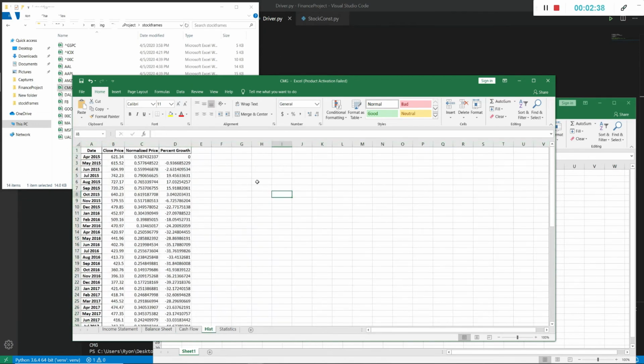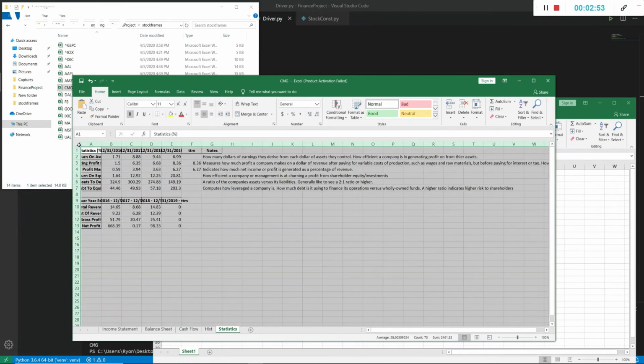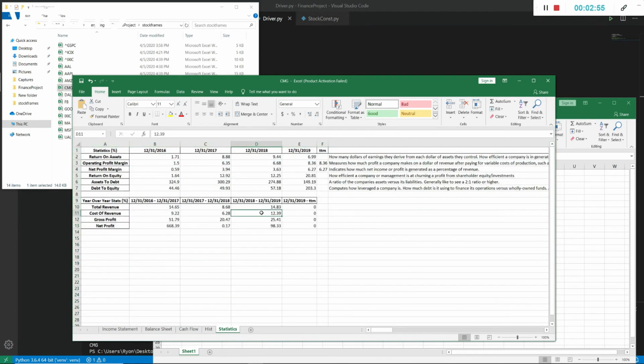Some of this data is scraped, but a good amount of it is being derived using mathematics to generate some of these figures, like normalized price, percent growth, and here as well on the statistics page. These are things I find useful and like to look at when considering investing in a stock.